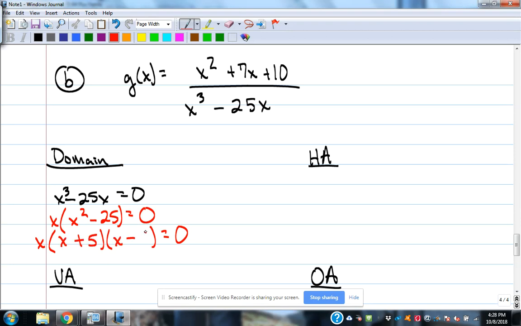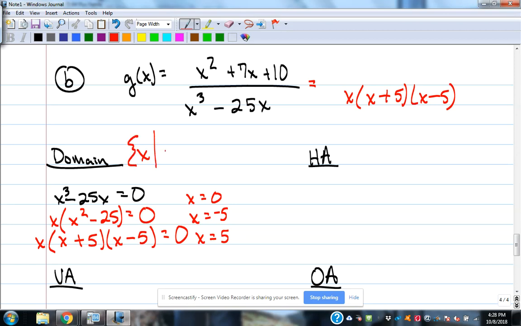Good job. So I get those three factors. Set all those equal to 0. So I get x equals 0, x equals -5, x equals +5. So my domain is all x's as long as x does not equal these three numbers, 0 and plus or minus 5. That's usually how I'll write that.